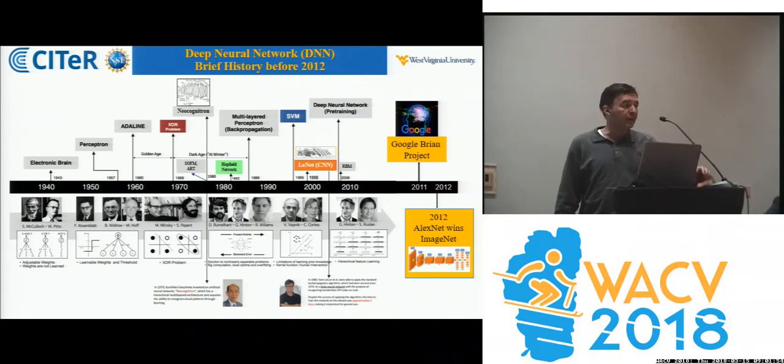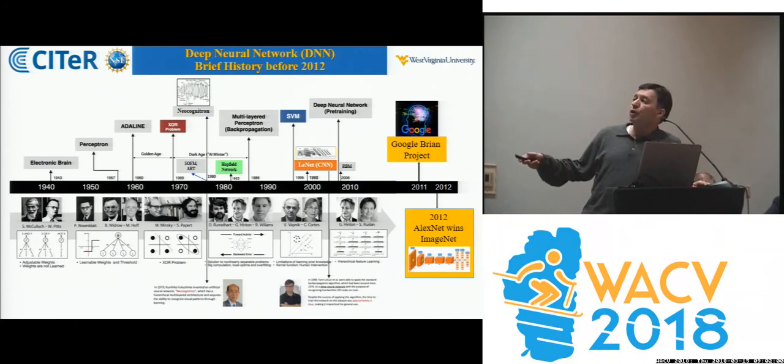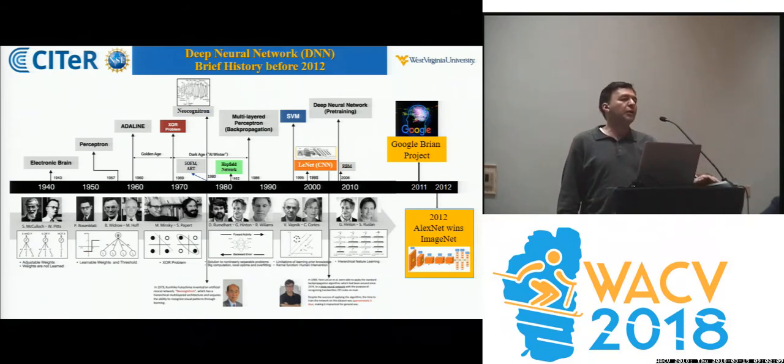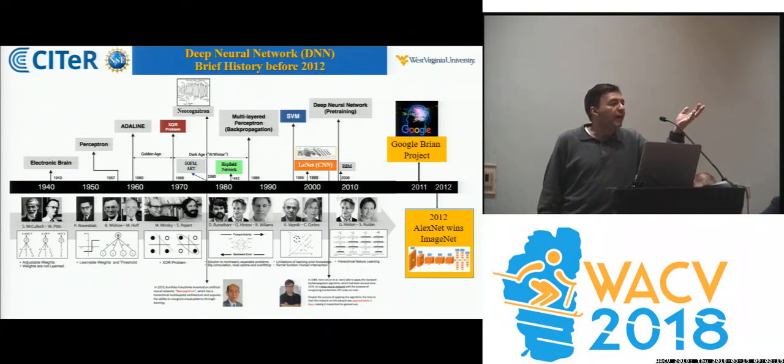Now, even CNN is not new. What happened is, I believe in the 1980s, the neocognitron, which is actually the beginning of what we now call CNN, was by Professor Fukushima at Tokyo University. And basically, he started to put together things like convolutional neural networks using kernels and so on.